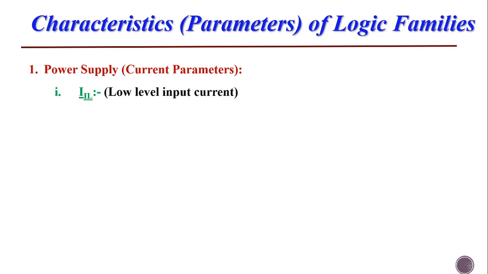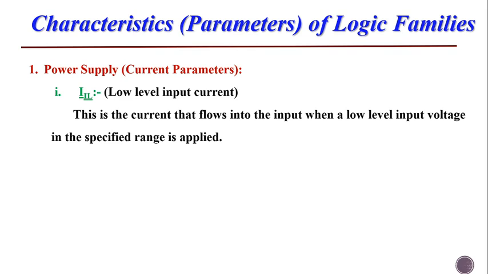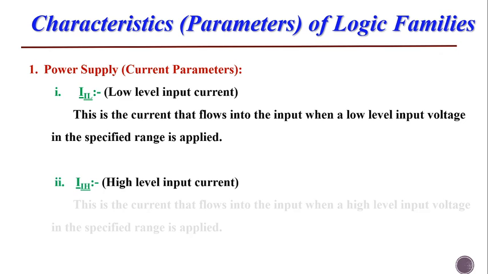Then under the second parameter, the current parameters: IIL, that is the low level input current. This is the current that flows into the input of the gate or the circuit when a low level input voltage in the specified range, that we have seen in the previous slides, is applied.